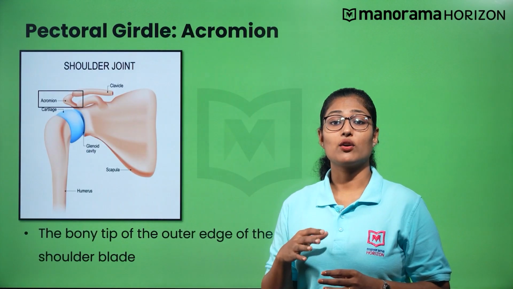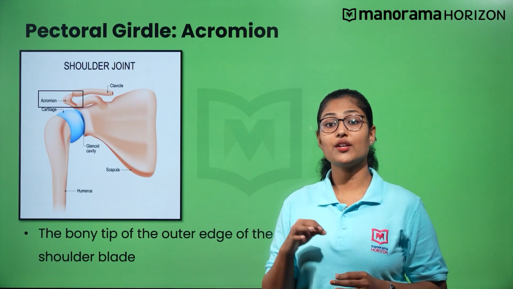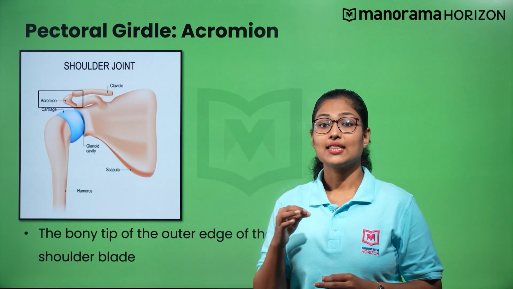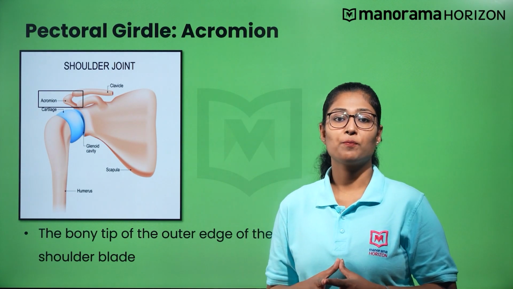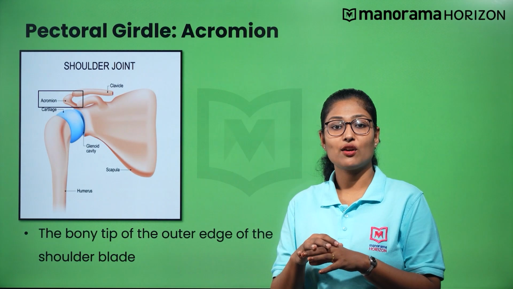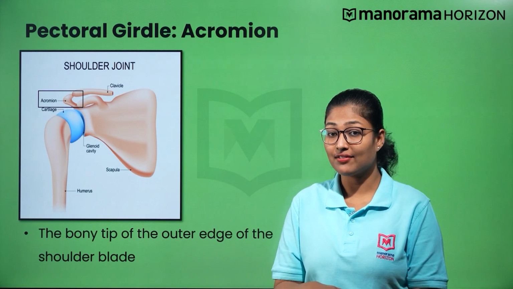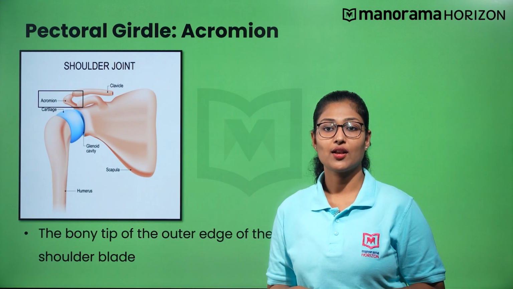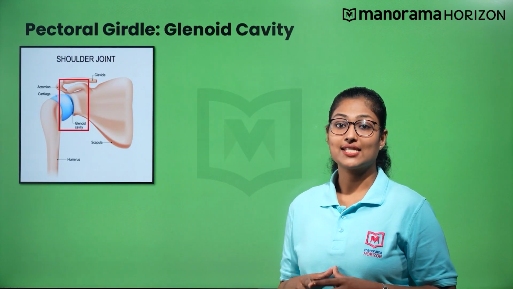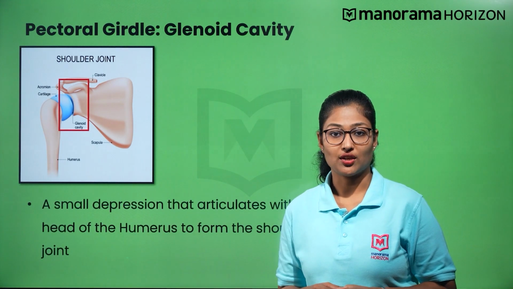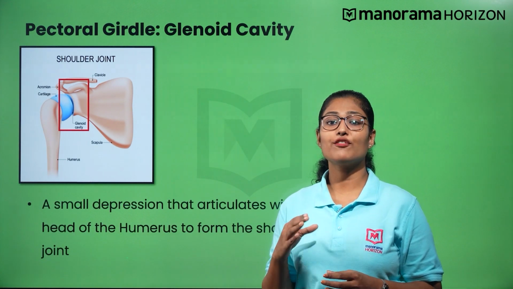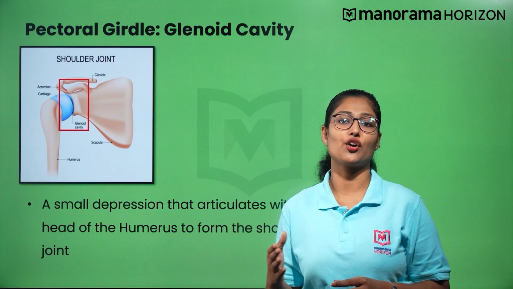The acromion is the bony tip of the outer edge of your shoulder blade that comes off the top of the back side of this bone. It meets the end of your collarbone, that is the clavicle, at your shoulder. The glenoid cavity is seen below this structure. It is a small depression that articulates with the head of the humerus to form the shoulder joint.